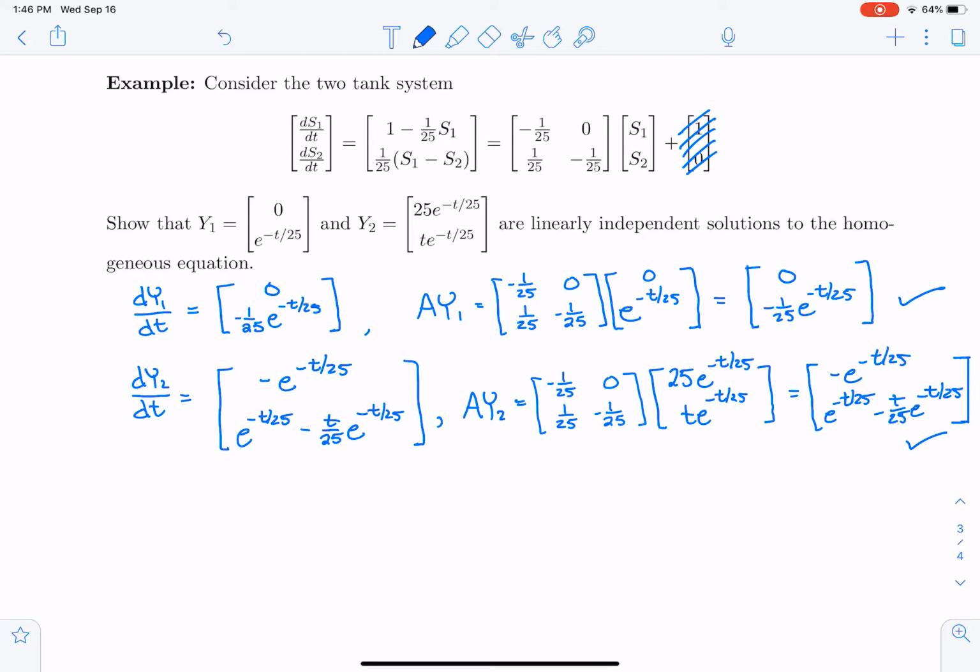Okay, so now I showed that y1 and y2 are solutions. But now the question is, are they linearly independent? What happens if I take the Wronskian of y1 and y2? Well, that is going to be the determinant of the matrix formed by the column of y1 and the column of y2.